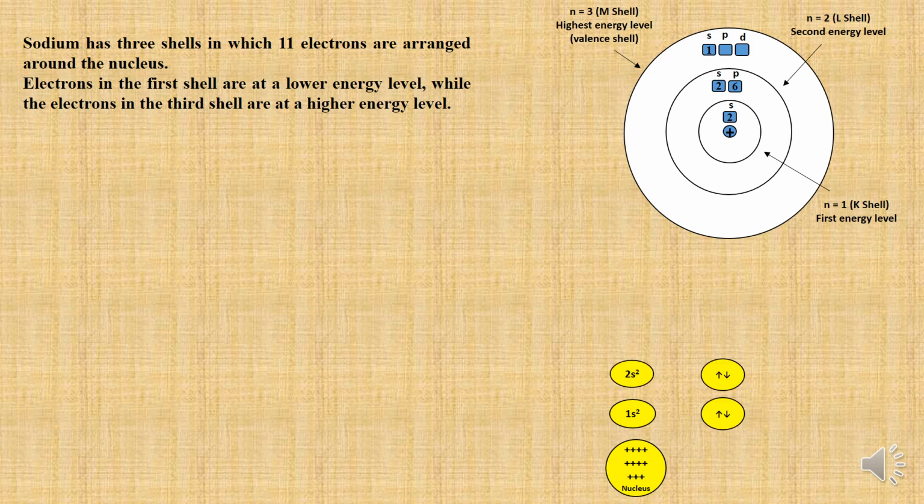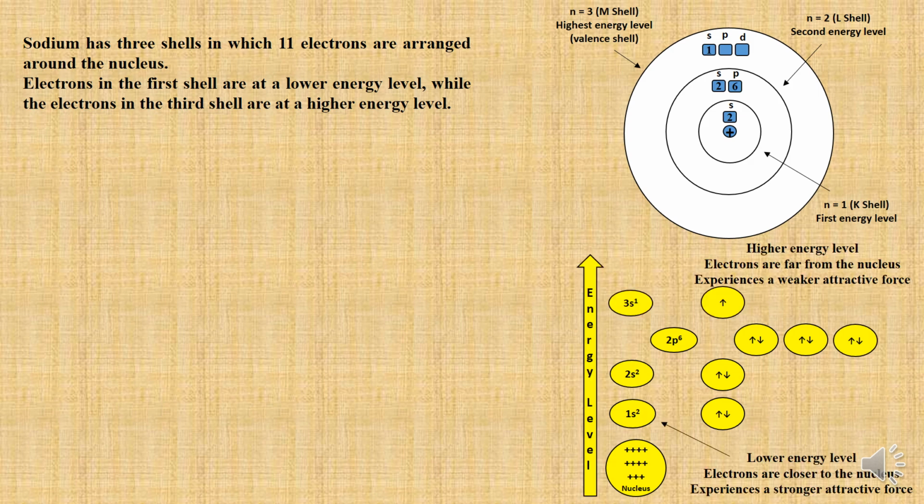Now the electrons in the first shell are at a lower energy level. And why are they at the lower energy level? The reason being, the electrons are closer to the nucleus, and the electrons in the first energy level experience a stronger attractive force towards the positively charged protons present in the nucleus.